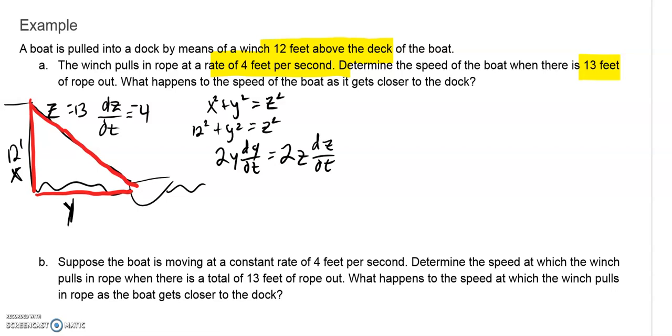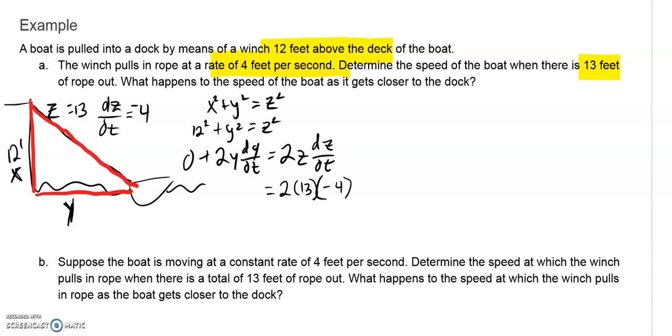All right, now if we look at all of the variables at this time that we already know, and this is 0 here because this is a constant. If we look at the variables that we already know, we know that z is 13, and dz dt, the change in the rope, it's being pulled in by that winch at 4 feet per second.